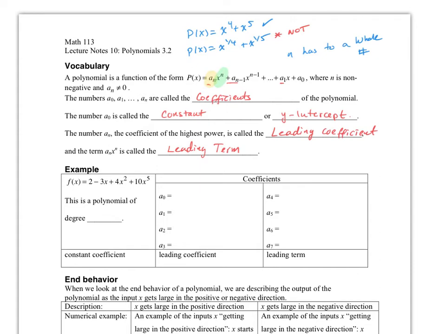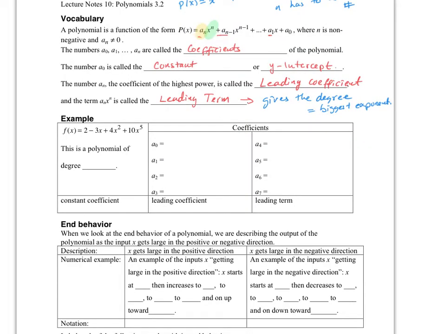Now the leading term also gives you the degree of the polynomial. So the degree is the biggest exponent. Therefore, for this example, notice that the biggest exponent is 5.